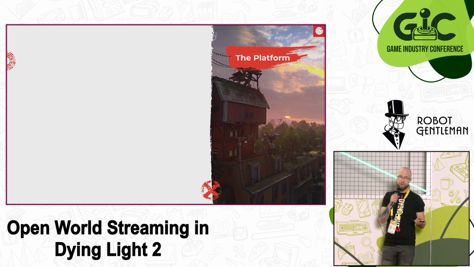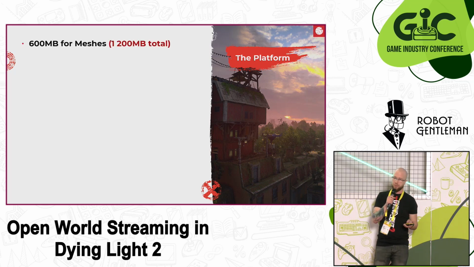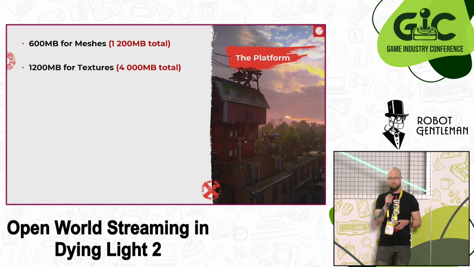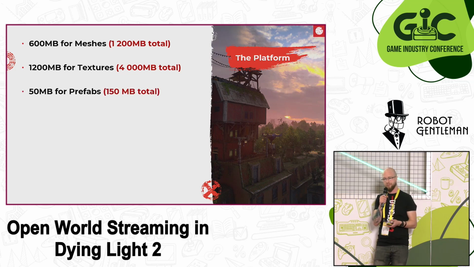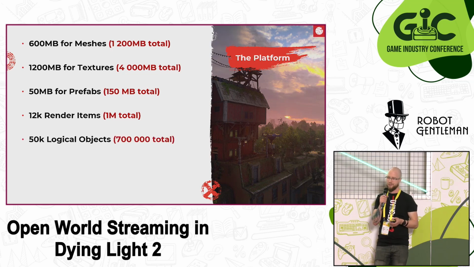Now, what we can afford on low-end consoles is 600 megabytes for meshes, so half of what we have. 1,200 megabytes for texture streaming, that's a fixed buffer. So, well, you see. 50 megabytes limit for prefabs. 12,000 render items, not 1 million. 50,000 logical objects updated per frame.